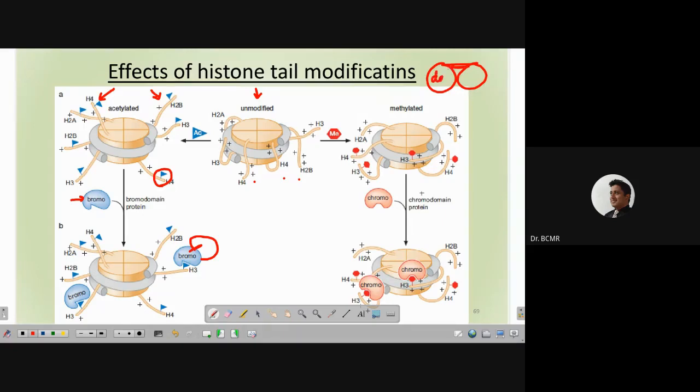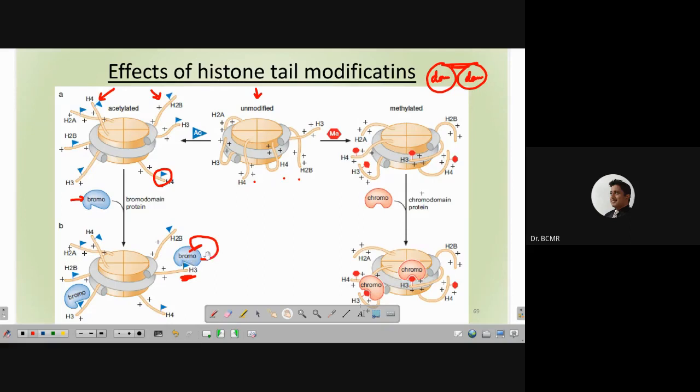This part will be one domain, and this is another domain, right? So what is a domain to start with? A domain is a part of a protein that is required to carry out one specific action, interaction. That specific interaction here is binding to histone tails. So the name given to that is bromodomain, right?